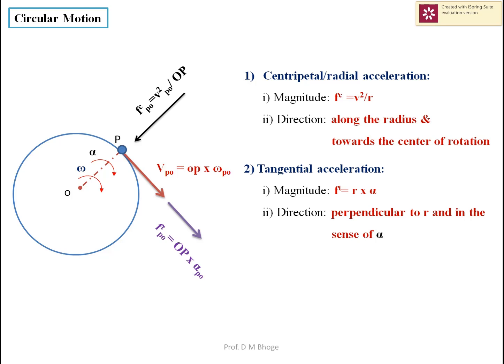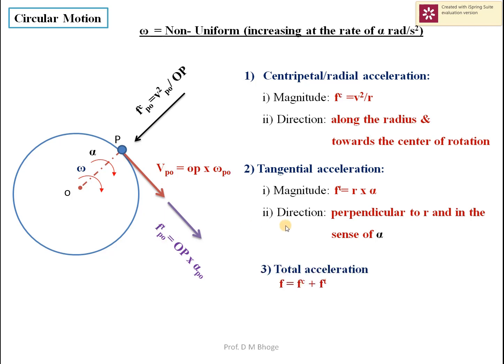So we have two components of acceleration. A particle P rotating about O has two components of acceleration, the centripetal component FCPO and the tangential component FTPO. So the total acceleration of P relative to O will be the vector sum of these two components.